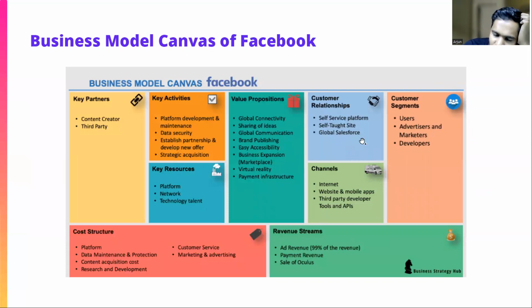So now let's have a look at one example of a business model canvas, of a company that is very popular, that we are all consumers of. Most of us use Facebook. If someone is not using Facebook, probably you are using Instagram or WhatsApp. All of these are part of Meta's platform now.